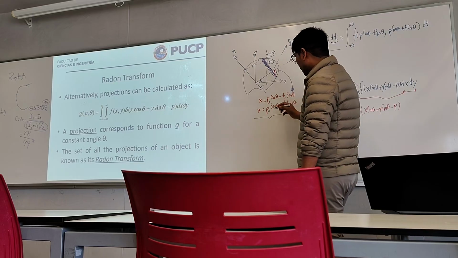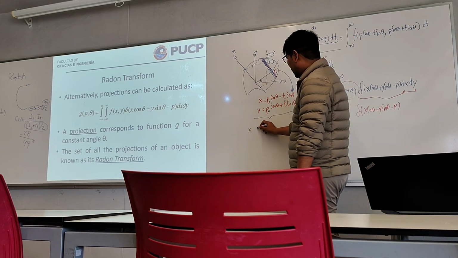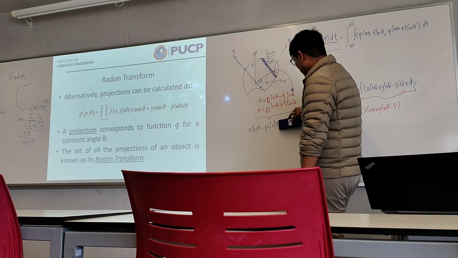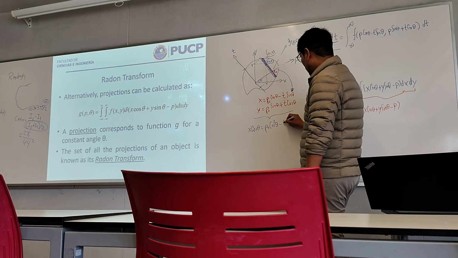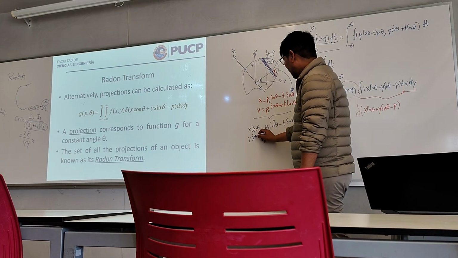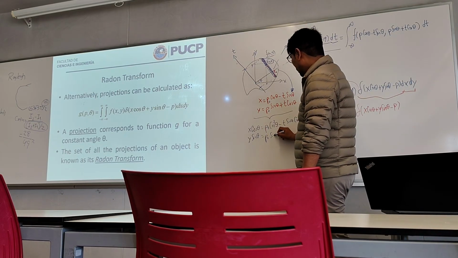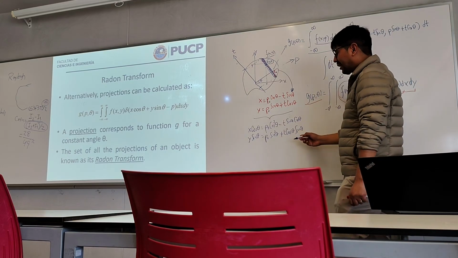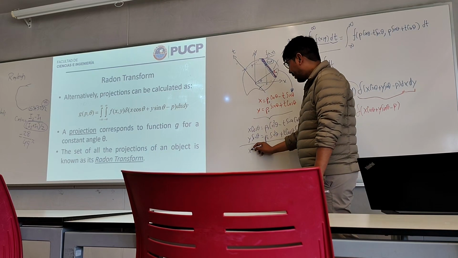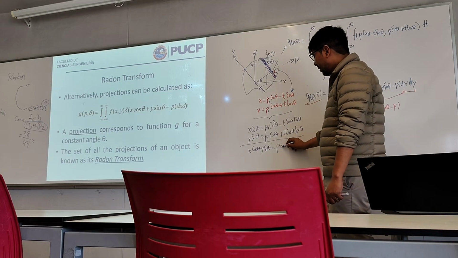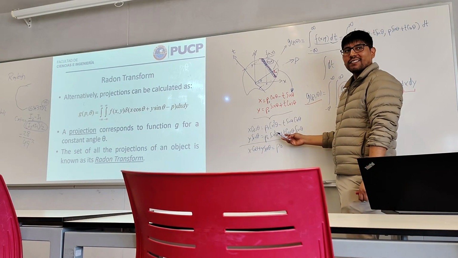And from here we can find that you can multiply by x cosine theta on both sides, and then sum this, so you will have x cosine theta plus y sine theta equal p sub 0 times cosine squared plus sine squared, that is 1, right?